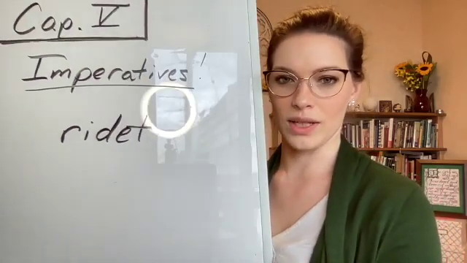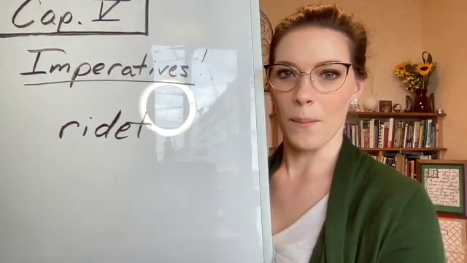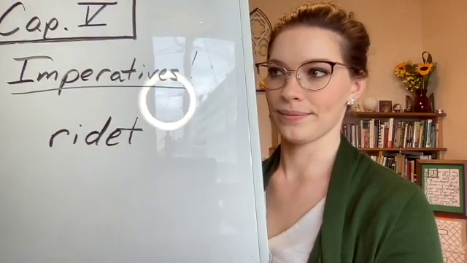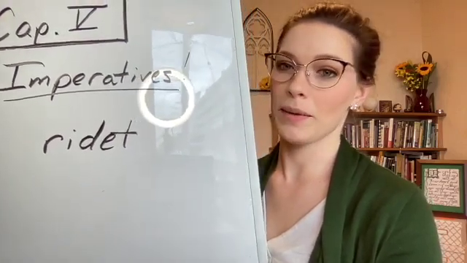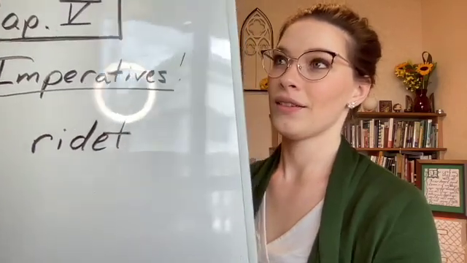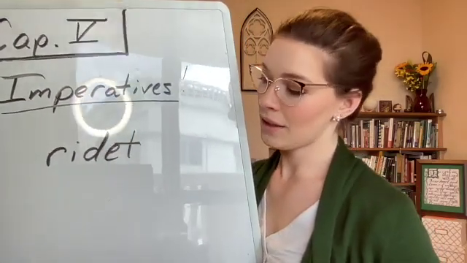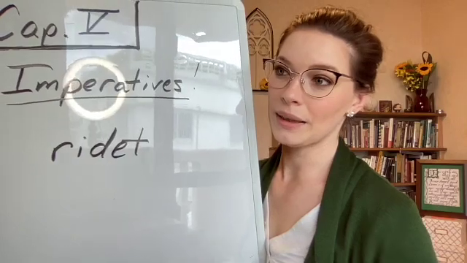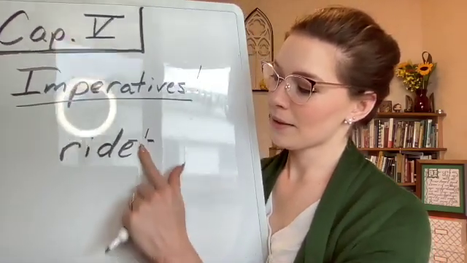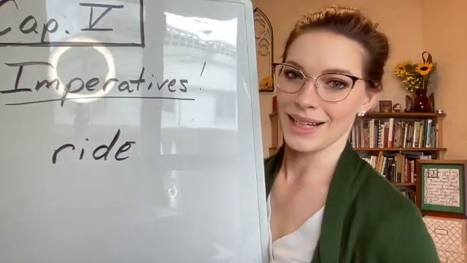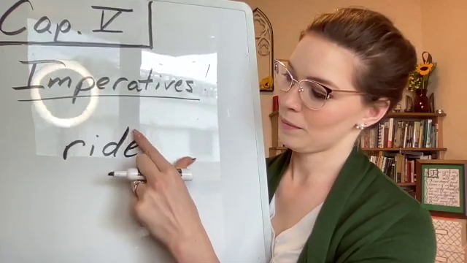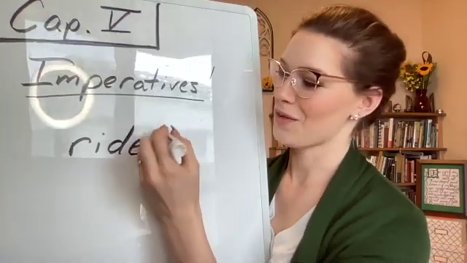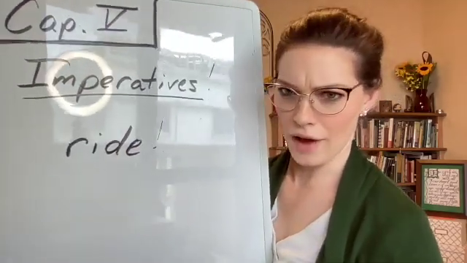I want you to order someone to laugh. Mwahahaha. It could be an evil laugh like that, or maybe not. All right, 5, 4, 3, 2, 1. Boards up. Ride is the correct answer. There we go. Get rid of the last vestige of the T. Ride. Laugh. All right. Did everybody get that?